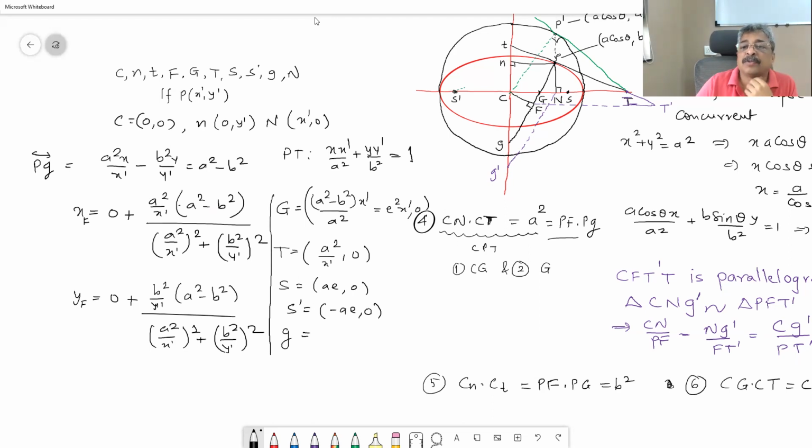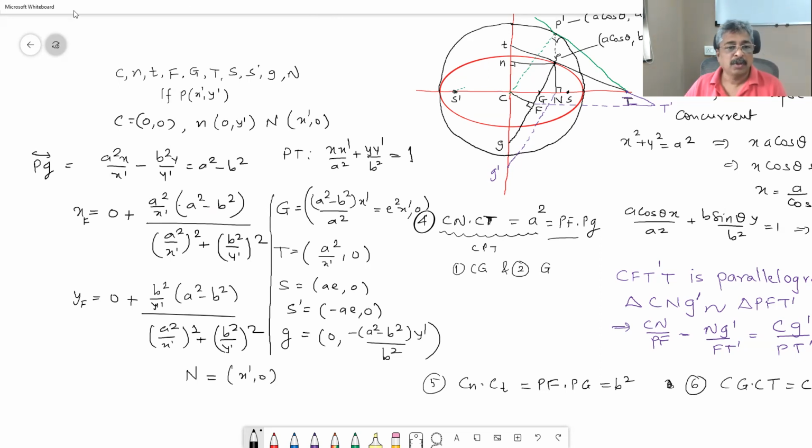Small g, we have to solve the equation of normal with x equal to 0. So it is 0 comma y is equal to minus a square minus b square into y dash upon b square. This is small g, and capital N is equal to x dash comma 0.